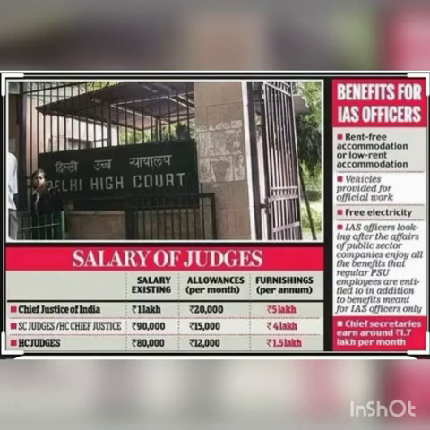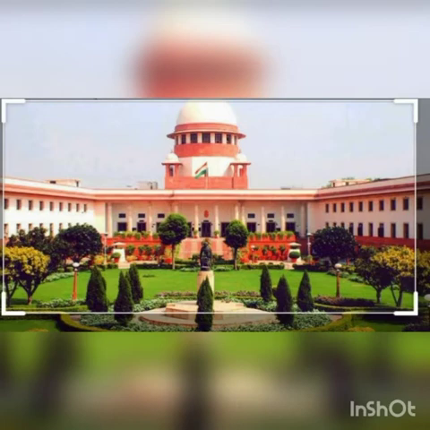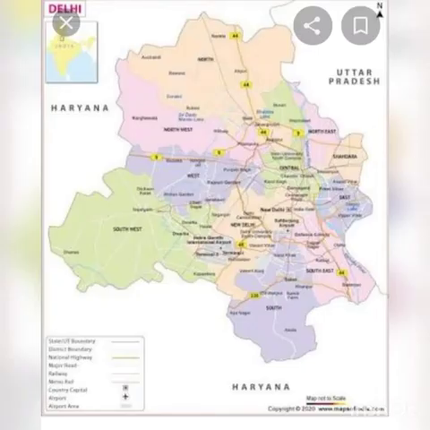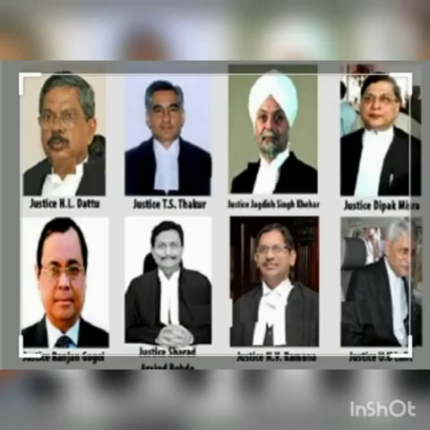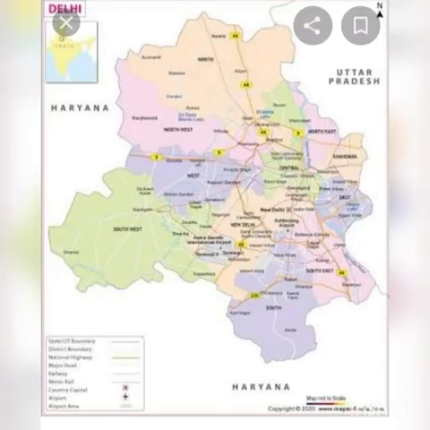It is very important for us to know that the Supreme Court of India is situated in Delhi. If the Chief Justice wants to move the site of the Supreme Court from Delhi to another place, he can do so, but with the permission of the President of India.